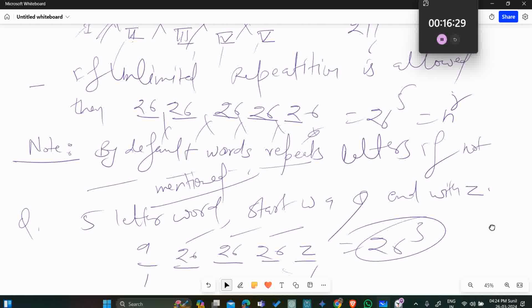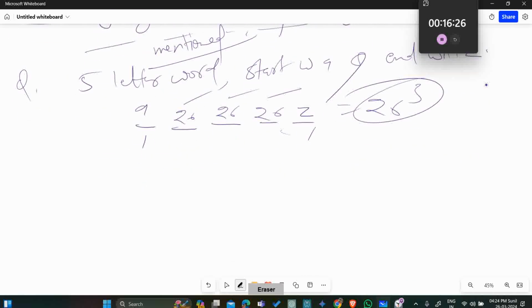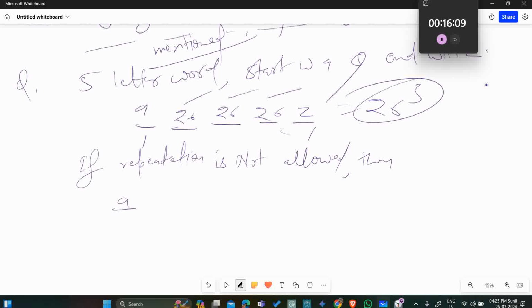But if repetition is not allowed, then it would be like this: A, Z, 24 here, 23 here, and 22 places are allowed here.